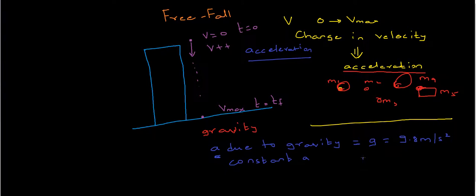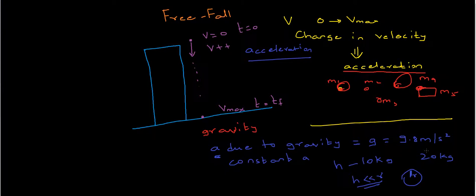So let's say we have one object of 10 kg and another object of 20 kg, and they are at a certain height above the surface of the Earth. This height is gonna be relatively smaller than the radius of the Earth. If this is, let's say, the radius of the Earth, the height is much lesser than the radius of the Earth.